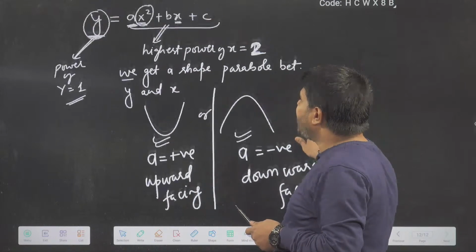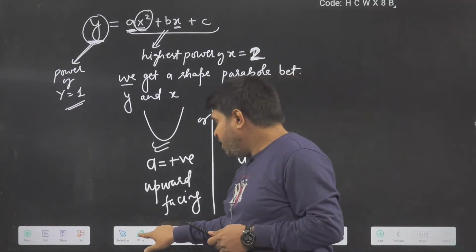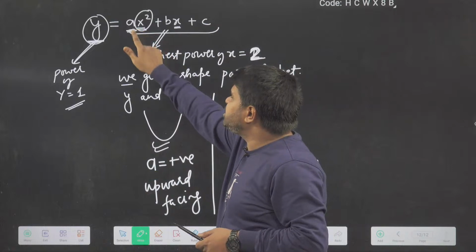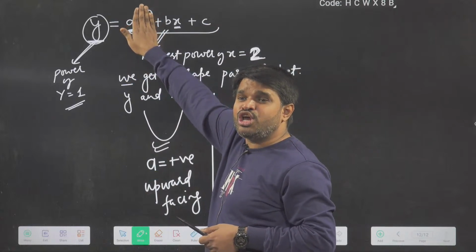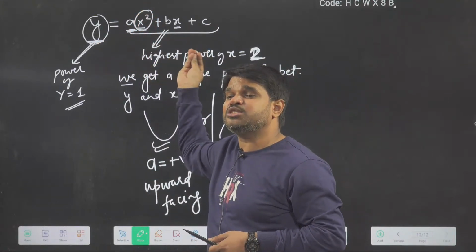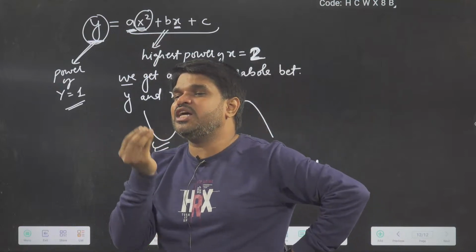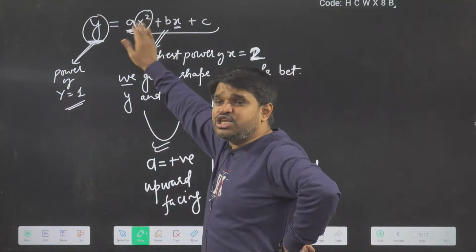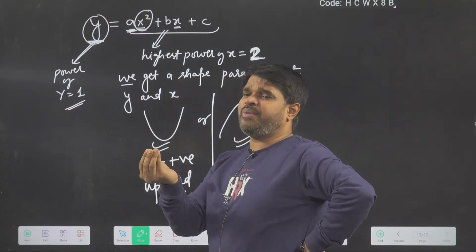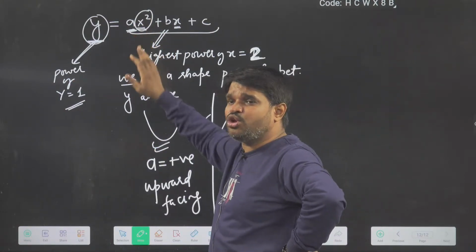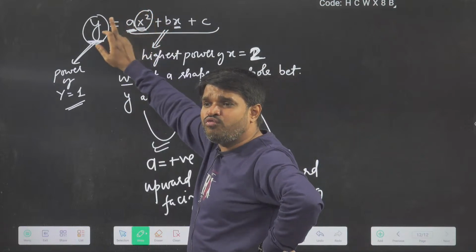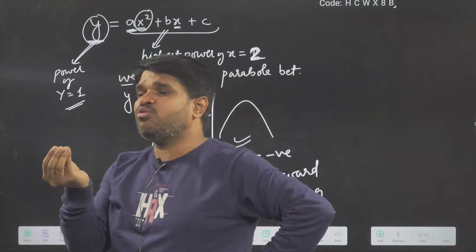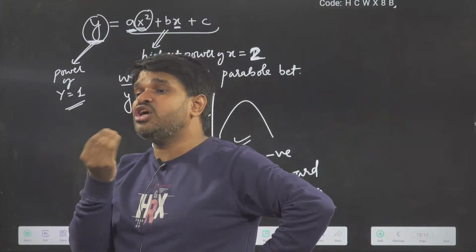One of my dear friends is asking a very interesting question. If a is 0, then which kind of parabola? If a is 0, the first term will lapse. You get y equals bx plus c. Y equals bx plus c is the equation of a straight line now.